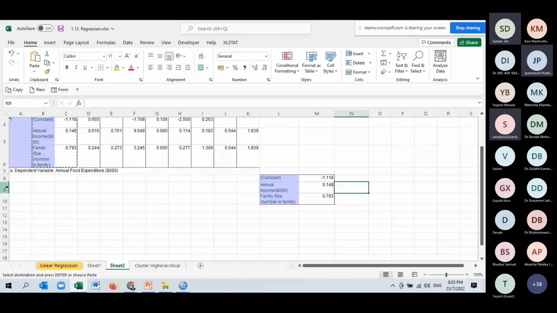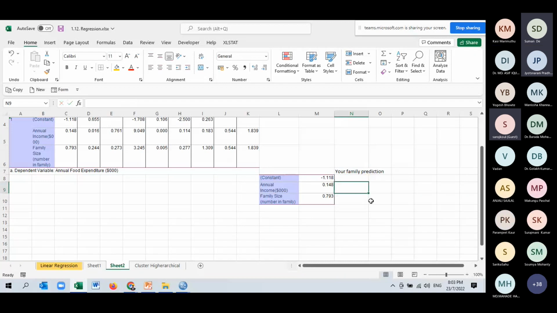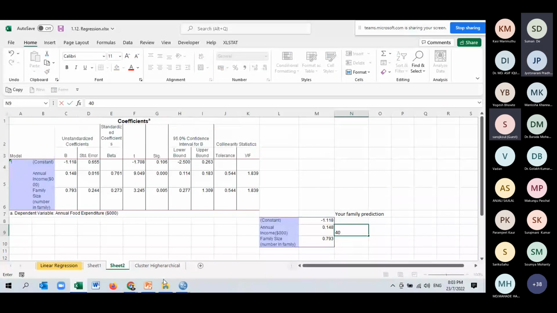Imagine your family's annual income is 40,000 US dollars. Just put 40. The same unit we need to put in this data.